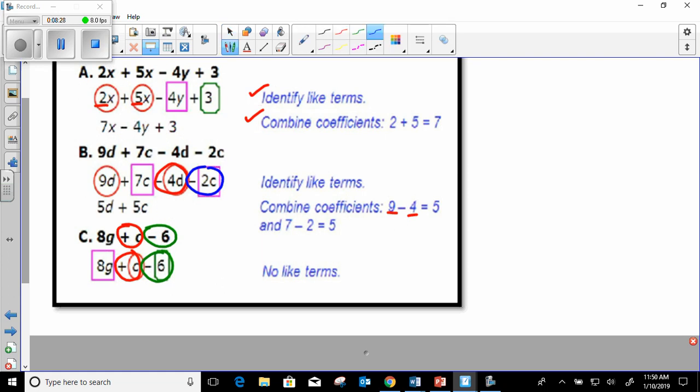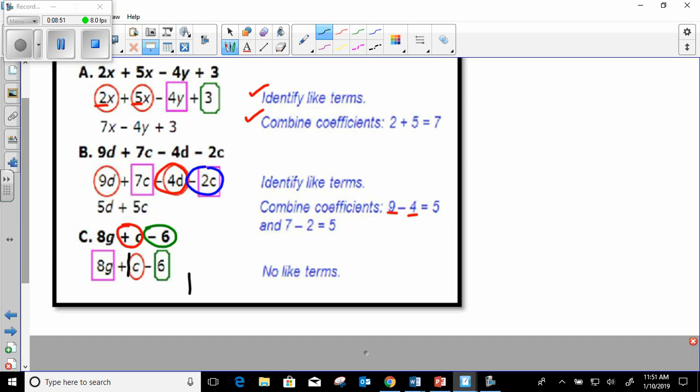So let's see, what did we have here? Oh, that was a C. So I would say what you could do is, because C does not have a coefficient in front, that's really like saying 1C. So you could put the 1C there, but it would be okay if you did not.